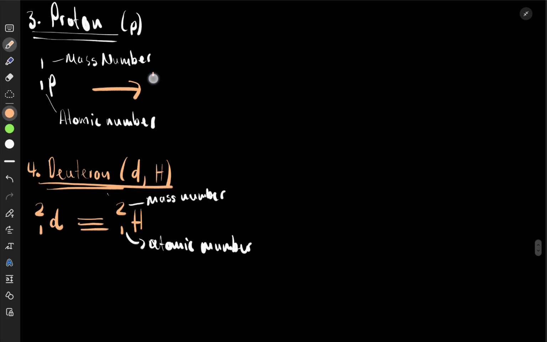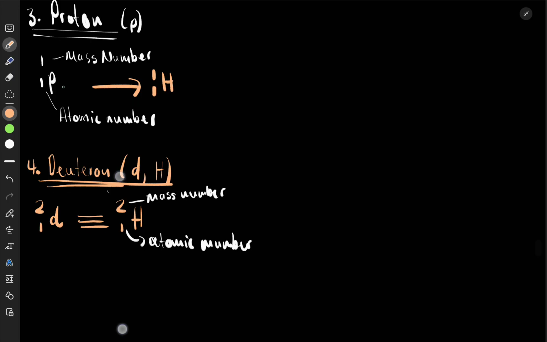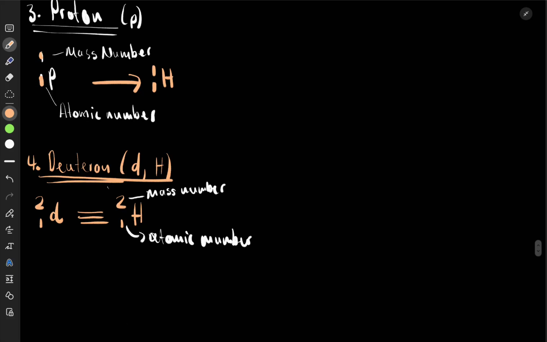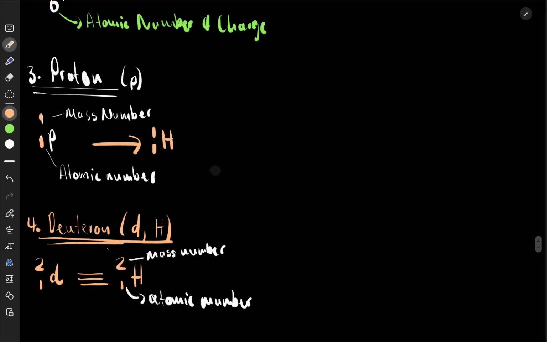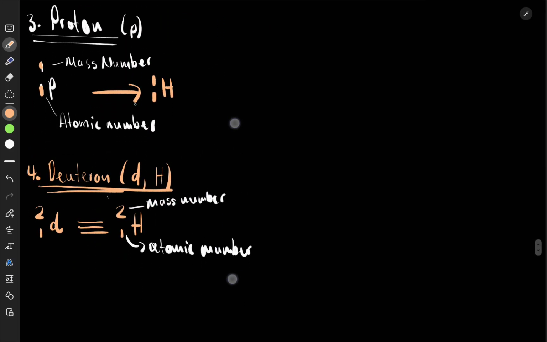So this proton, we said it would be 1 1H, right? Exactly. This will be 1 1H. It's your proton. If you see it like that, it is your proton. Please never forget it. It comes from protium. The protium nucleus is called a proton.